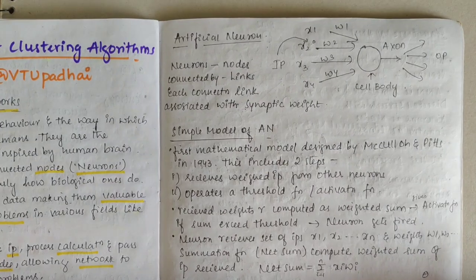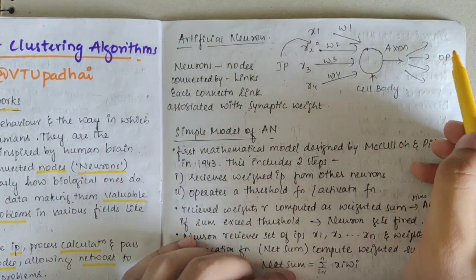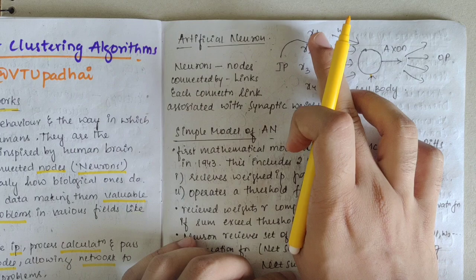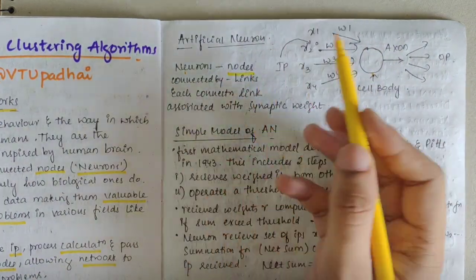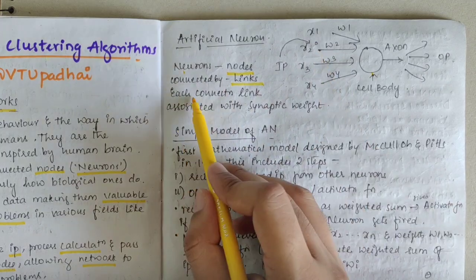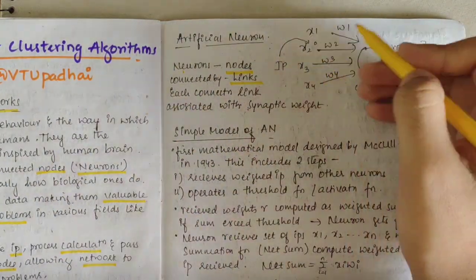We'll look into the artificial neurons now. Artificial neurons comprise a cell body, axon, and then outputs. Here are the weights linked to the corresponding inputs. We have neurons, which are considered as nodes here, connectivity links, and each connection link is associated with a synaptic weight. These are the weights.